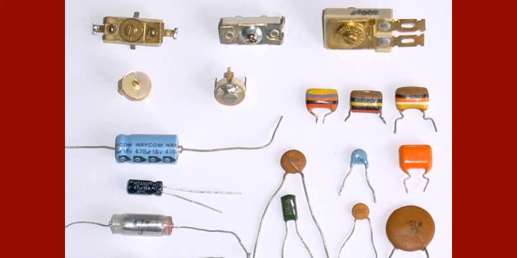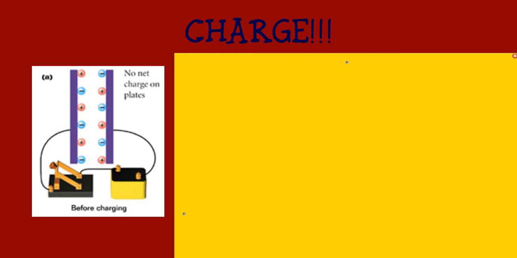We said that they store this electric potential energy by becoming charged. So let's talk about exactly how that happens. Here I have a diagram indicating what a capacitor might look like before it is charged, so when it is completely neutral or uncharged. I have two parallel plates, at least they're depicted as parallel plates, but really these could be any two conductors.